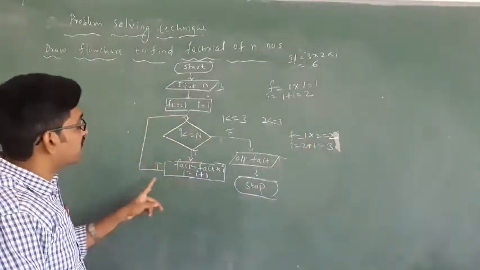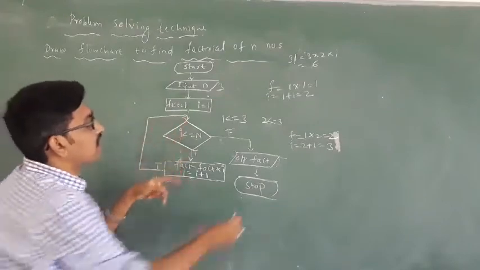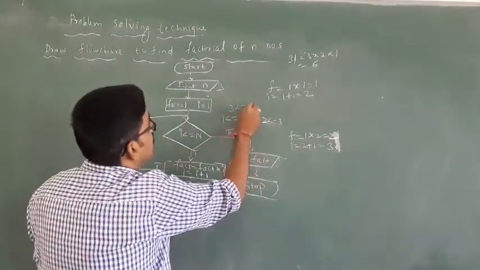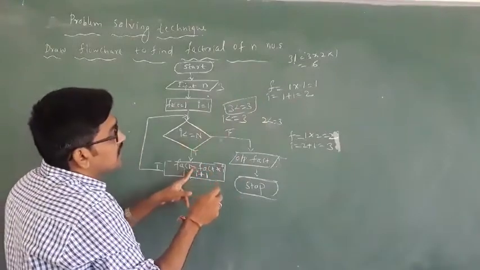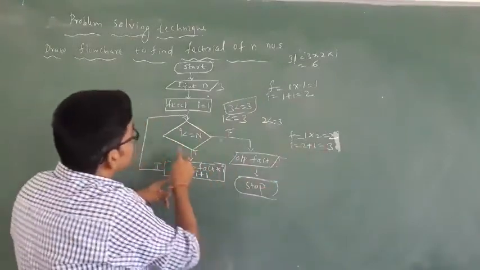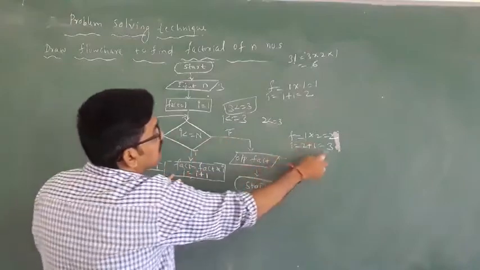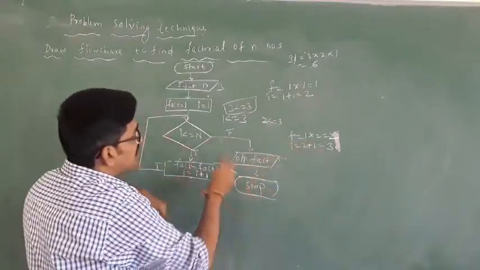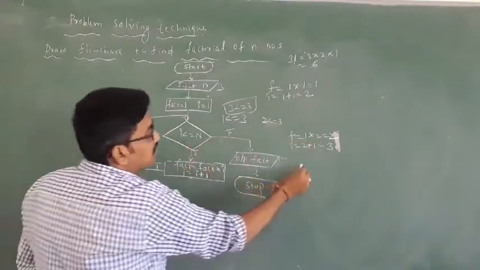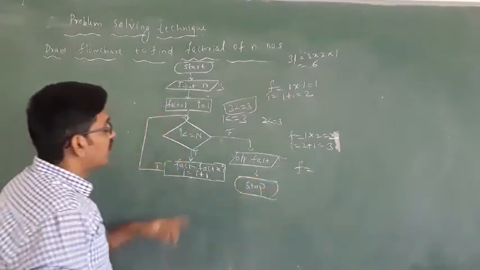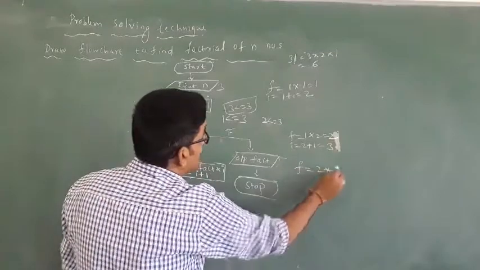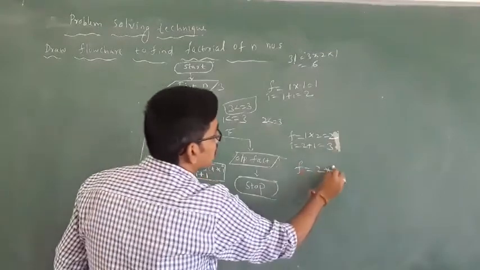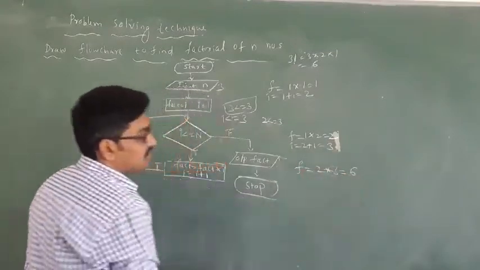Next time it will repeat: 3 is less than or equal to 3. I means 3. 3 is less than or equal to 3. Yes, so again fact equal to fact, which is 2, star I, which is 3, so 6.